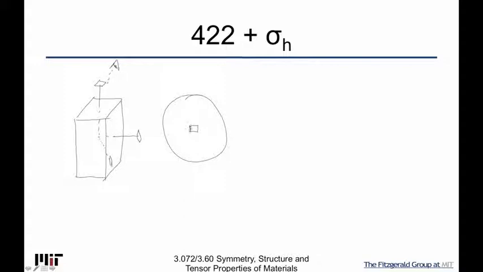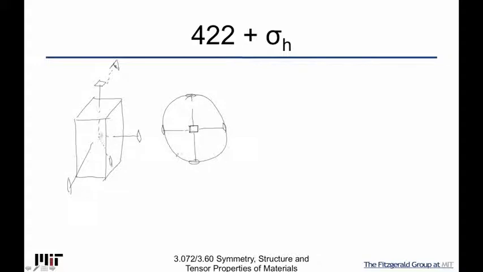Then I would see this fourfold axis, and when I look to the left, I would see twofold axis because it's passing through the middle here. But I would see the same thing coming out of this side here. So I would see twofold axes passing through the sphere this way.